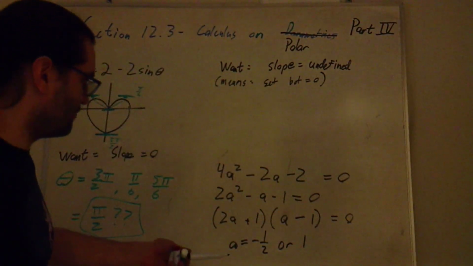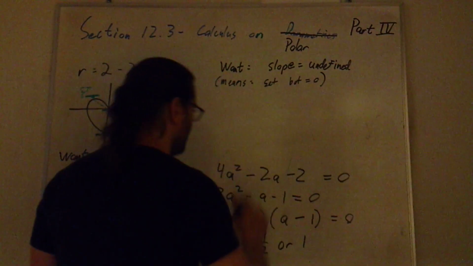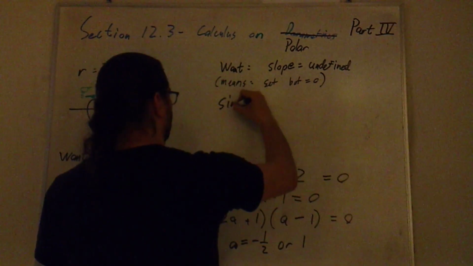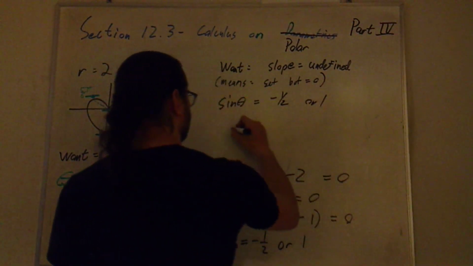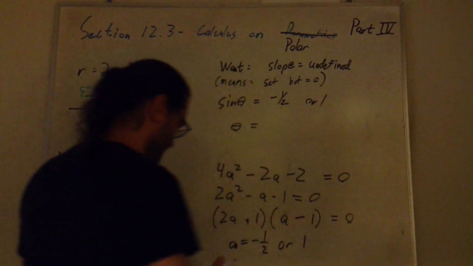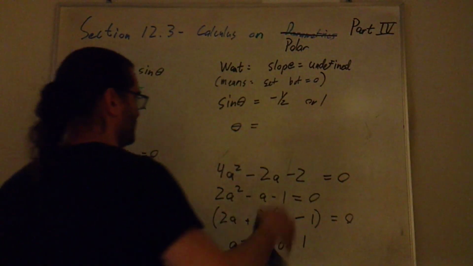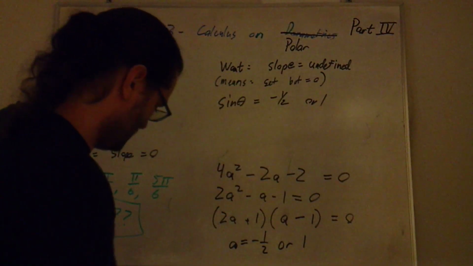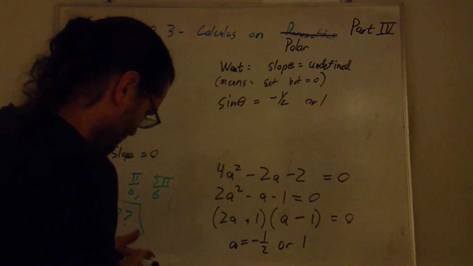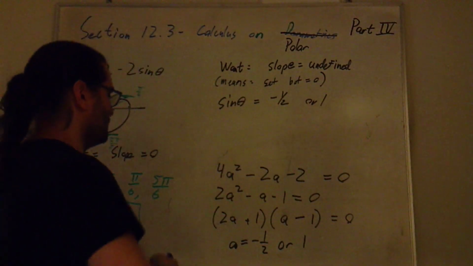A equals negative 1/2 or 1, and remember that A was the sine of theta. So sine theta equals negative 1/2 or 1, which means that theta, I'm going to use a different color for this so I can draw on my pretty heart. Let's go with blue.